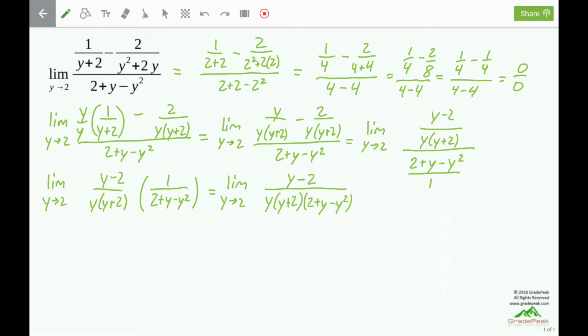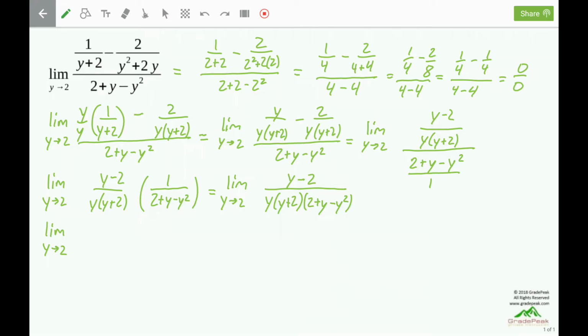There is a factor making a 0 in the numerator, y minus 2. In the denominator there will be a y minus 2, or maybe a 2 minus y, just depends, but it will be found in there. That's what's actually making the 0 in the denominator. Therefore we need to factor that as a trinomial. Because the y squared is negative in that expression, I'm going to start by factoring a negative out first.